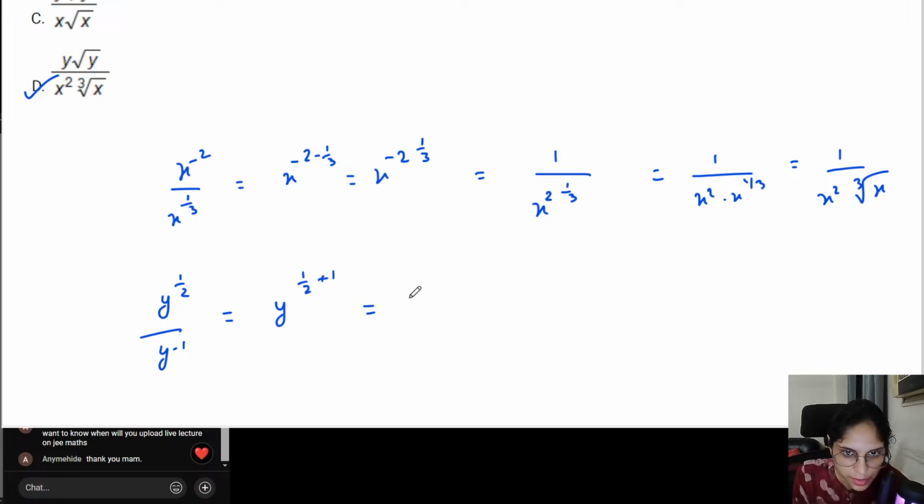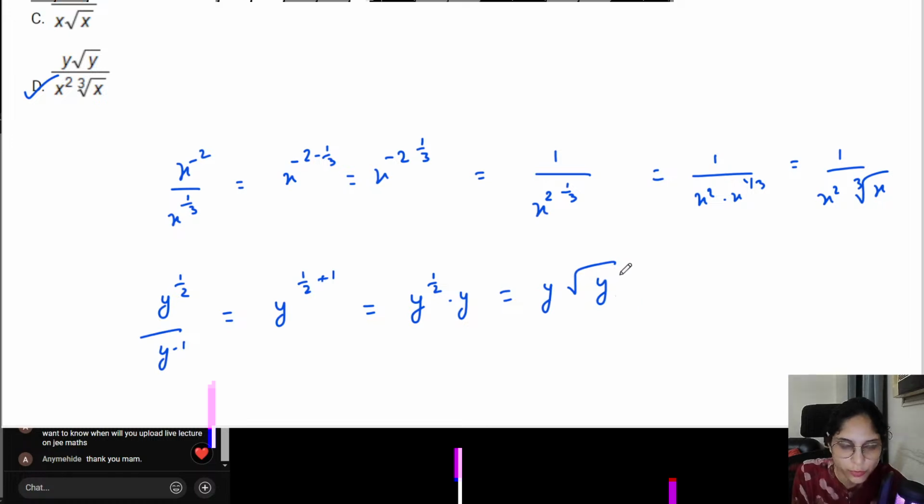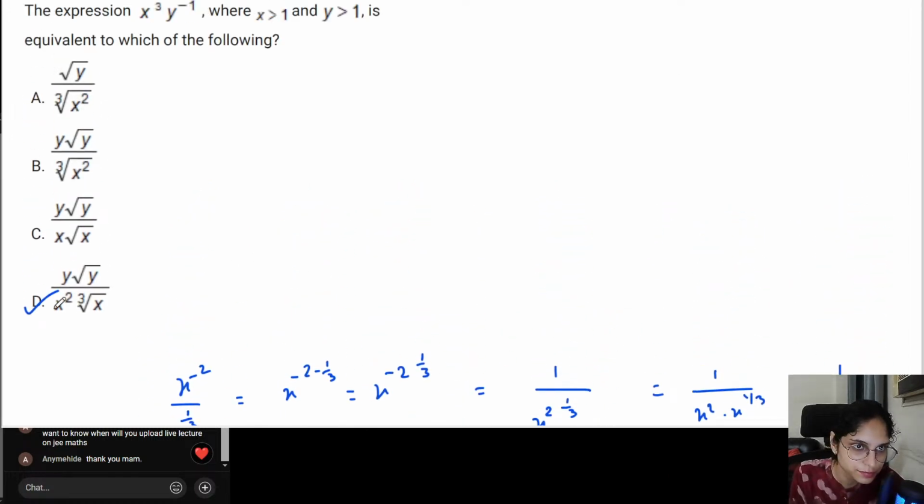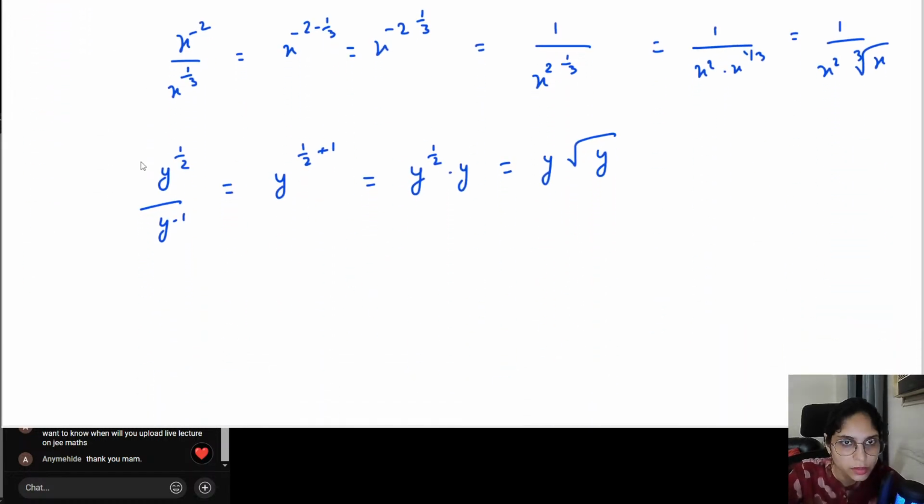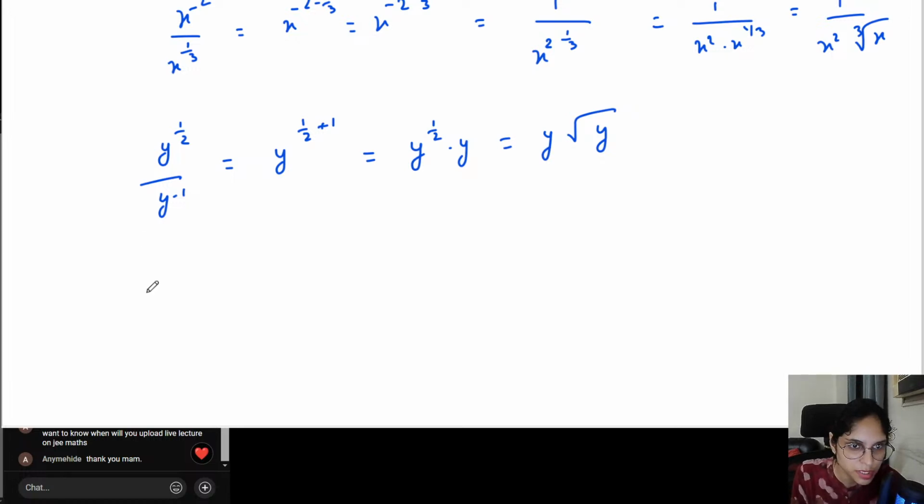Half plus 1, that means what? Y to the power half times y. Y to the power half is square root y. So y square root y on the top and x squared cube root of x on the bottom. So this is my tip: use mixed numbers in radical exponents.